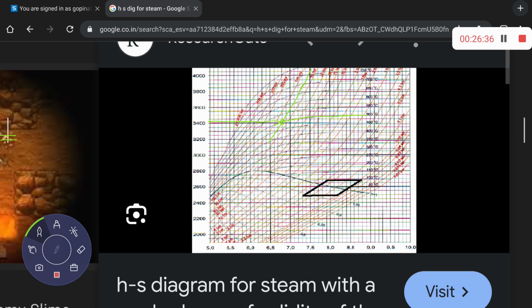Okay, from this line, draw the vertical downward line till it touches the saturated vapor line. This is your point 3. This is point 4. Right?